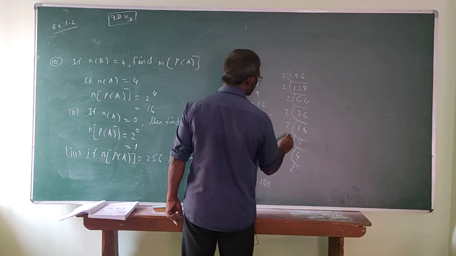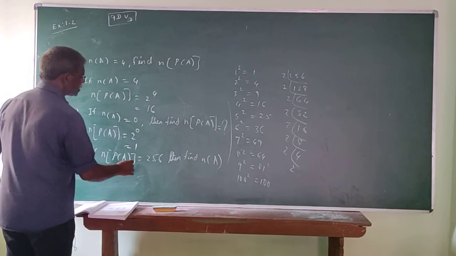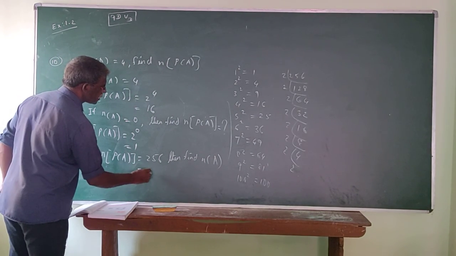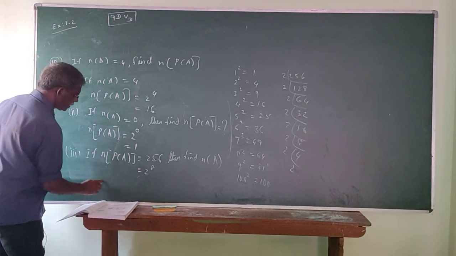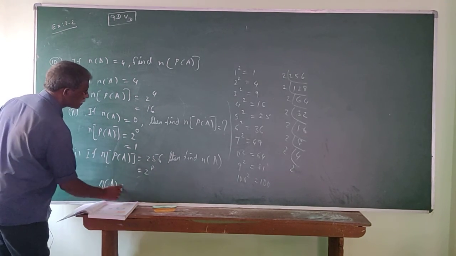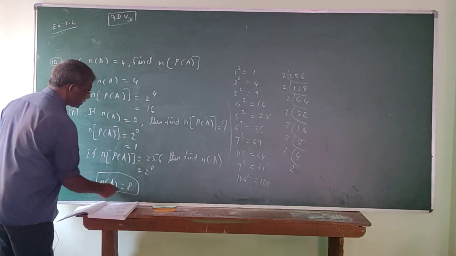So this 256 is equal to 2 power 8. Therefore n(A) is equal to 8.